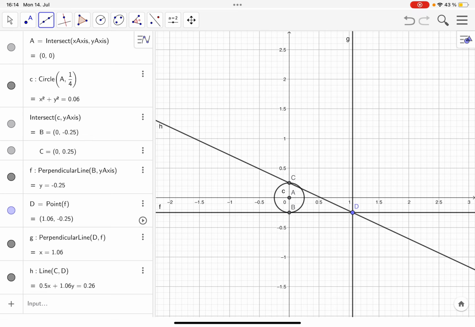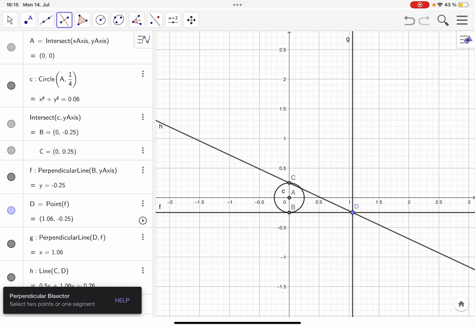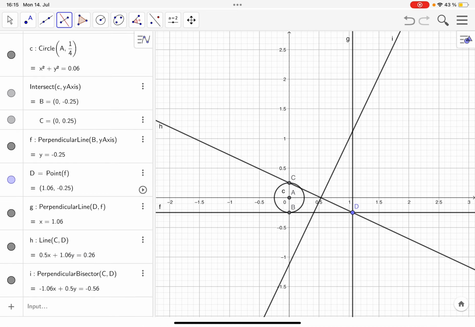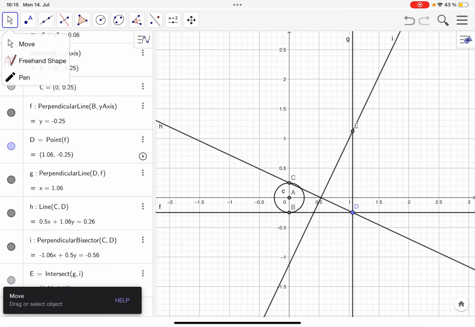C is the focus, or the foci. I don't know exactly the pronunciation or the difference. Sorry for that. Now we make a perpendicular bisector of CD. The intersection point will again trace a parabola.